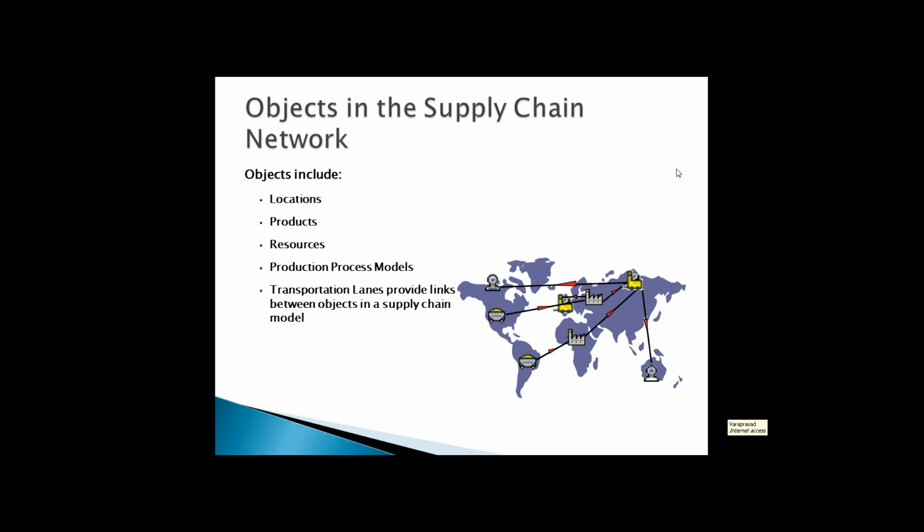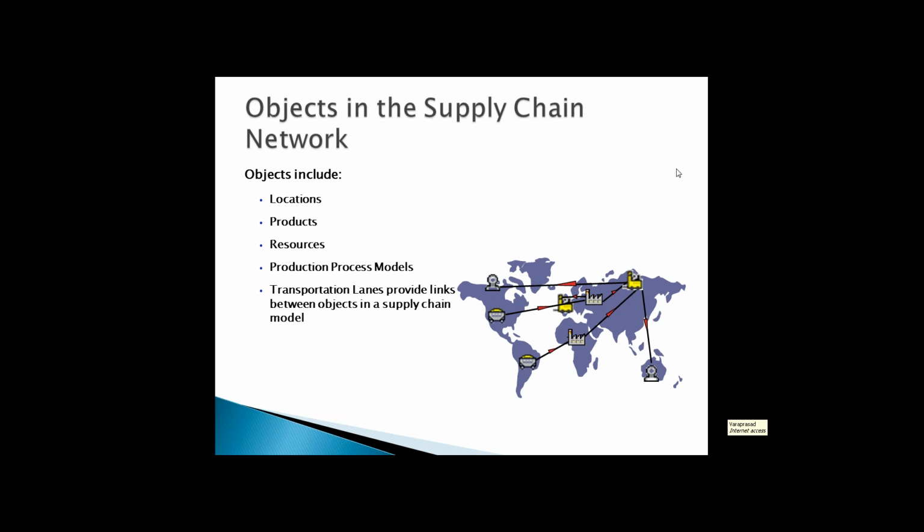Good. So, objects in the supply chain network. What are the objects in the supply chain network? It includes locations, products, resources. What are the locations we have discussed? Location means customer, vendor, and plant.